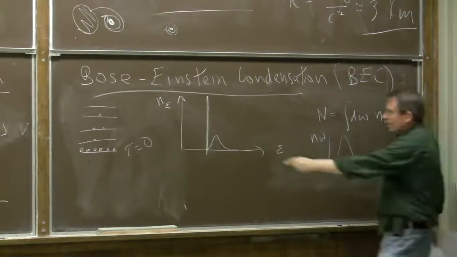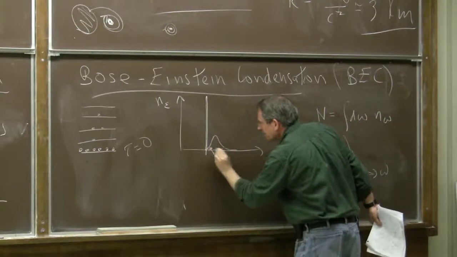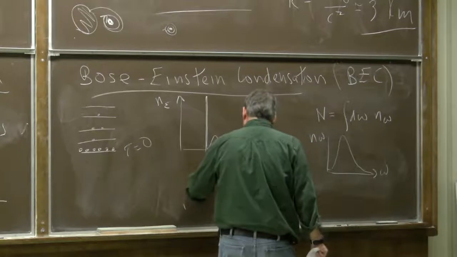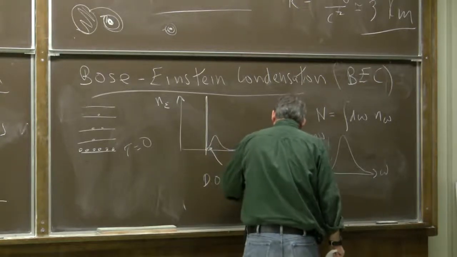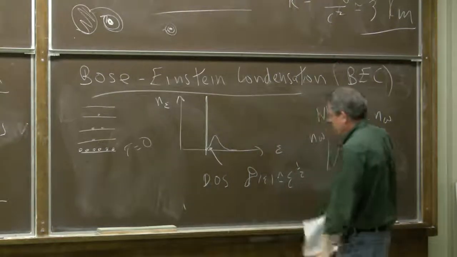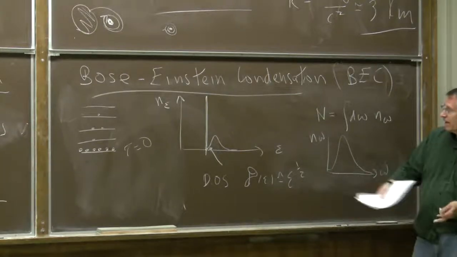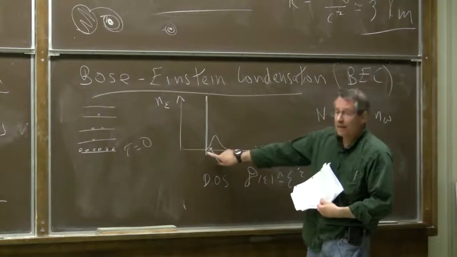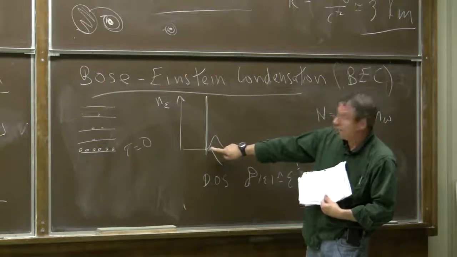And what's happening here is there's suppression because of the density of states factor. Remember, the density of states or density of orbitals, d of e, goes like energy to the 1/2. And so the number of orbitals per unit energy is suppressed by that e to the 1/2 at low energy. So that's what's happening here, where we're looking at excited orbitals which are close to the ground orbital.